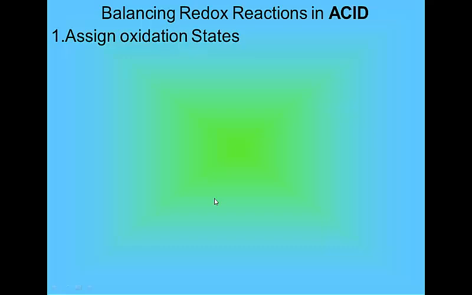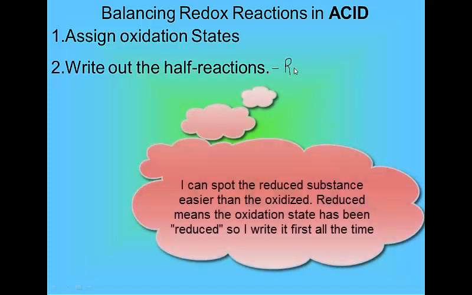Alright, balancing redox reactions in acidic solution. First, assign oxidation states to everything in the given reaction. Write out the half reactions. I'm going to tell you right now, I always write out the reduced first.